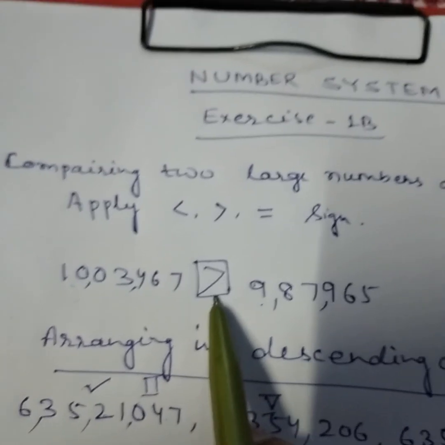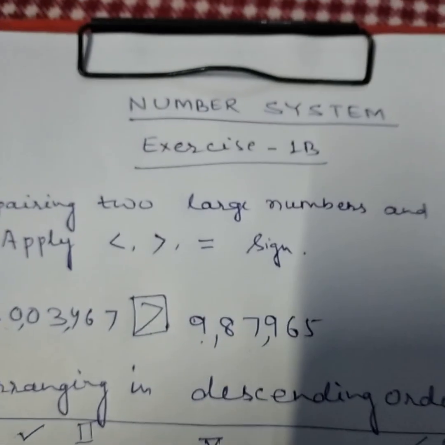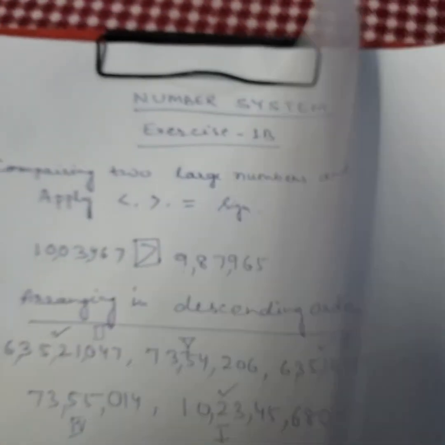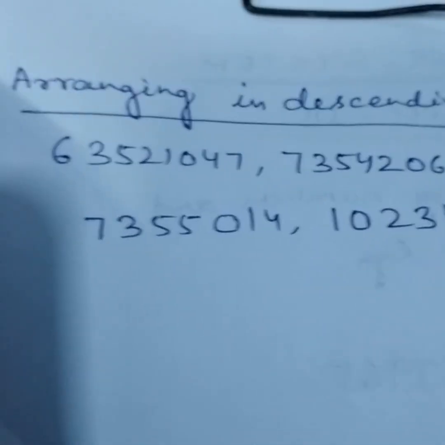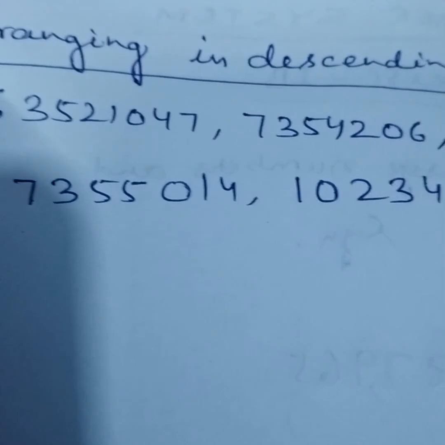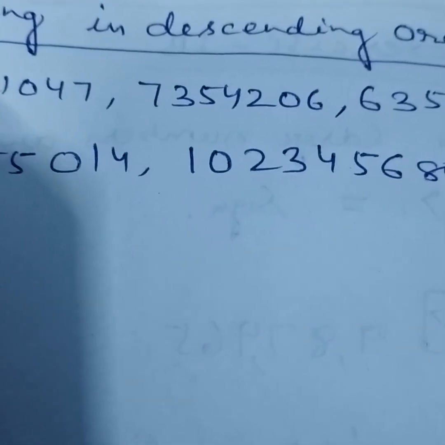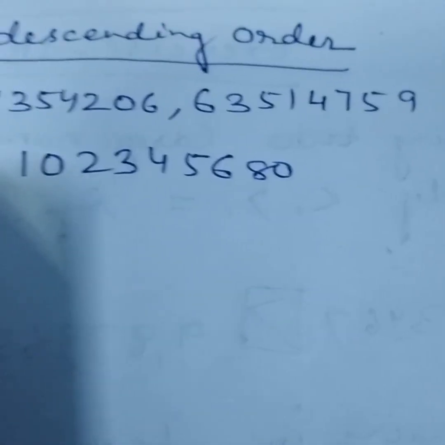Next topic is arranging in descending order. Children, now arranging in descending order. There are 5 numbers here: 63521047, 7354206, 63514759.